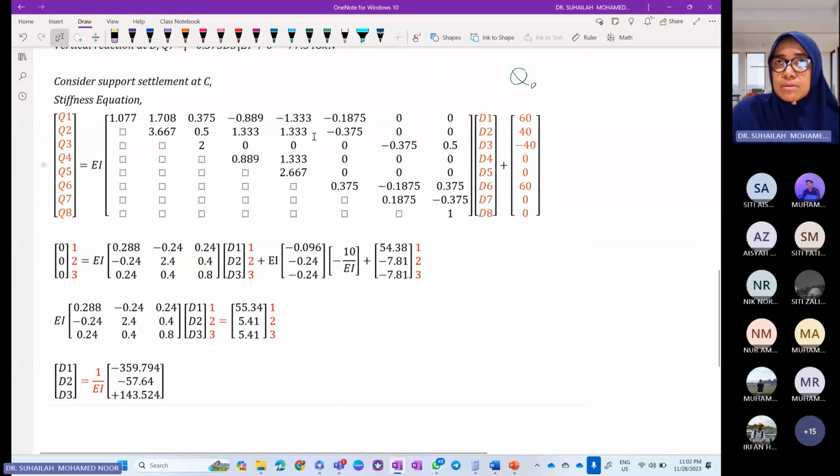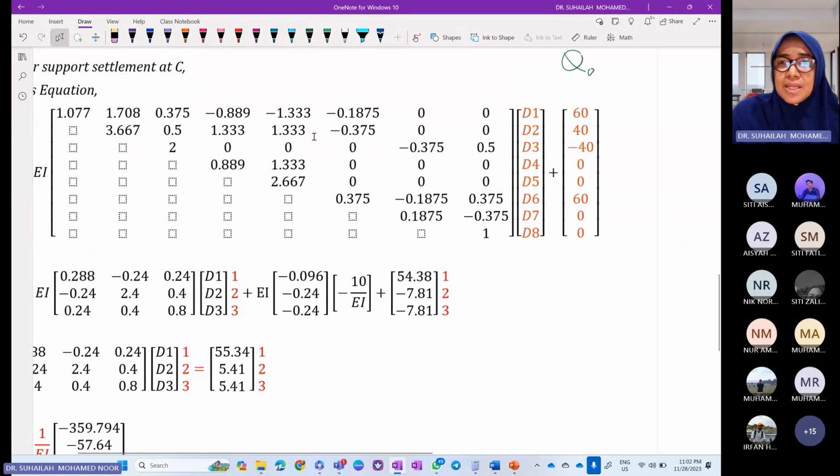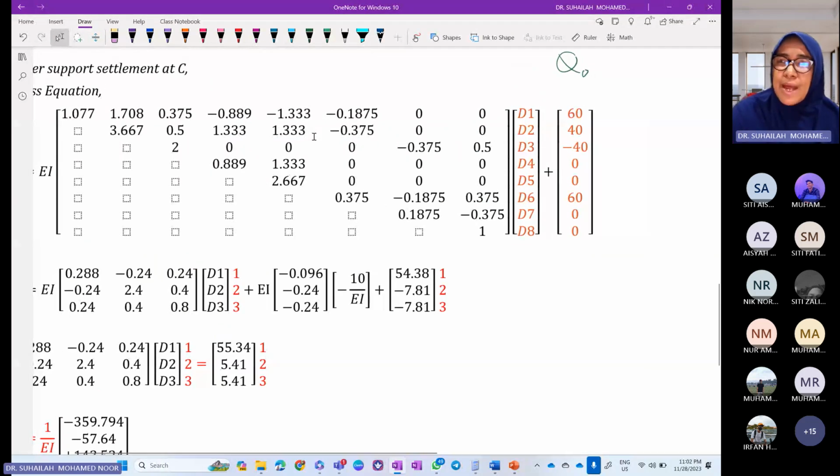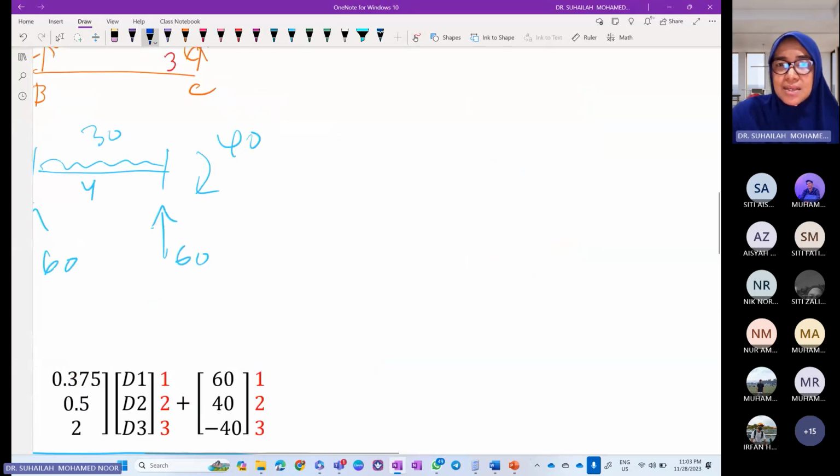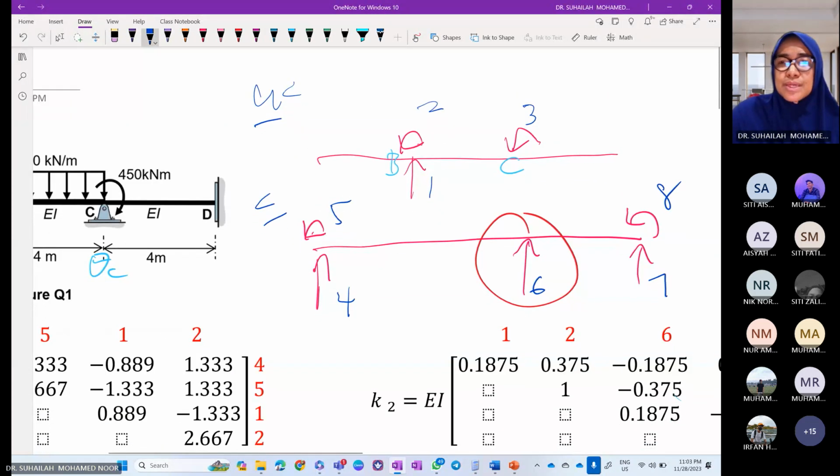Okay, apa maksud displacement at support? Displacement at support makna dia support kita label as 4, 5, 6, 7, 8. So sini 0, sini 0, sini 0, sini 0, sini 0. Sebab 5 tu support. So semua 0. So what happen is when settlement is given at C kat sini referring to 6, so it is D6.